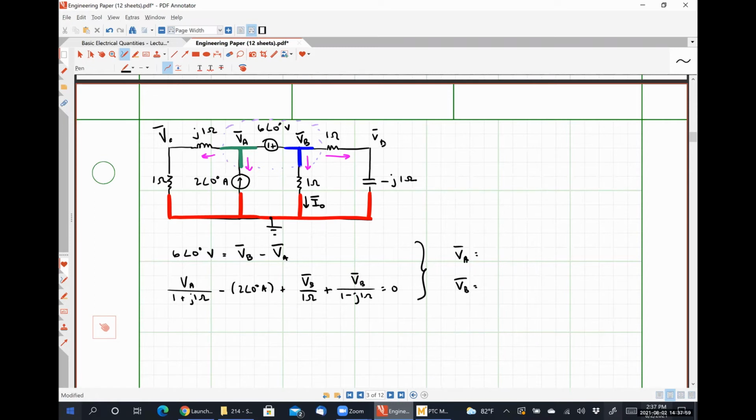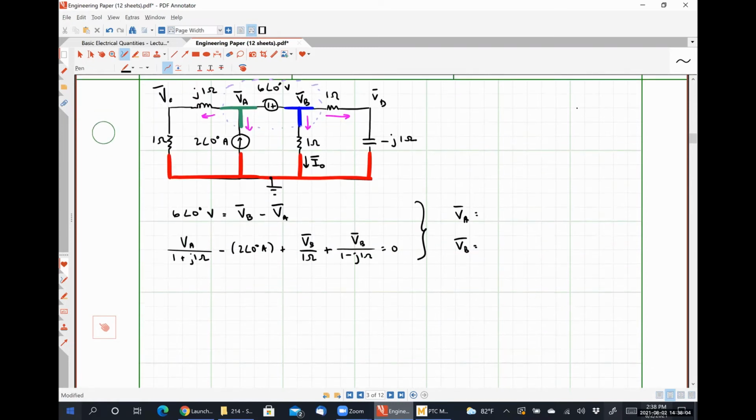So we could have combined resistors in parallel, but let's see what happens if we do nodal analysis at VC, just for the sake of argument. I'm going to do this in a slightly different fashion. I'm going to say that the current flowing in is the same as the current flowing out.